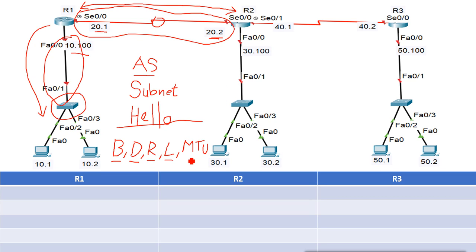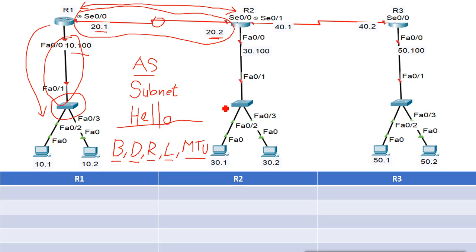It also checks MTU, the maximum transmission unit, that is, how big a packet it can send on that link, how big a unit at a single time, at a single clock. So it checks all these things before getting a proper path.